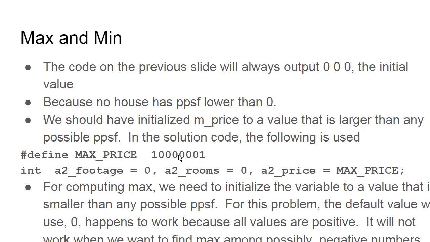I think it's more than big enough. And this define macro is really just telling the preprocessor to do find and replace. So when the preprocessor sees max price, it will replace this string here. So we are really assigning a big number to this price.